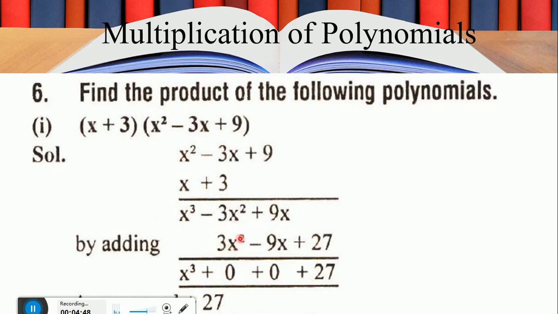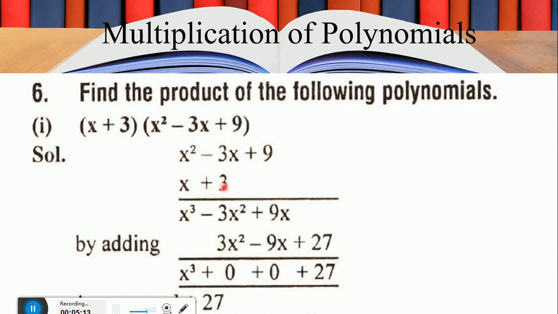We will write the like terms in a column, so x square and x square we will write in one column. There is a plus sign, there is a plus sign. So plus 3 multiplied by plus x square is plus 3x square.